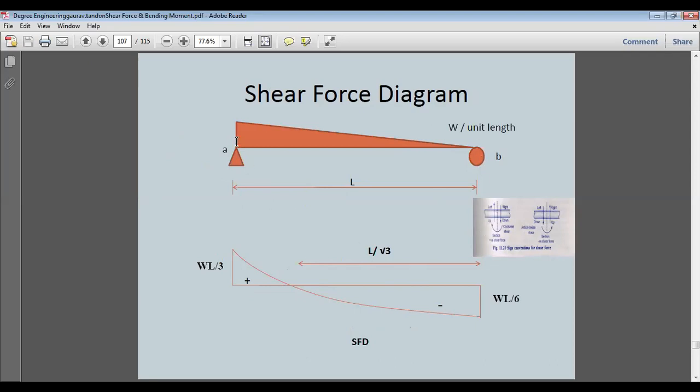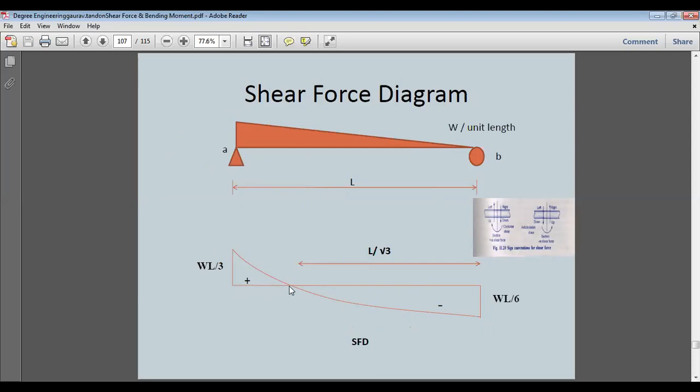Then on the left we have an upward reaction, that is positive shear force, and the total shear force is WL by 6, and this is WL by square root of 3.